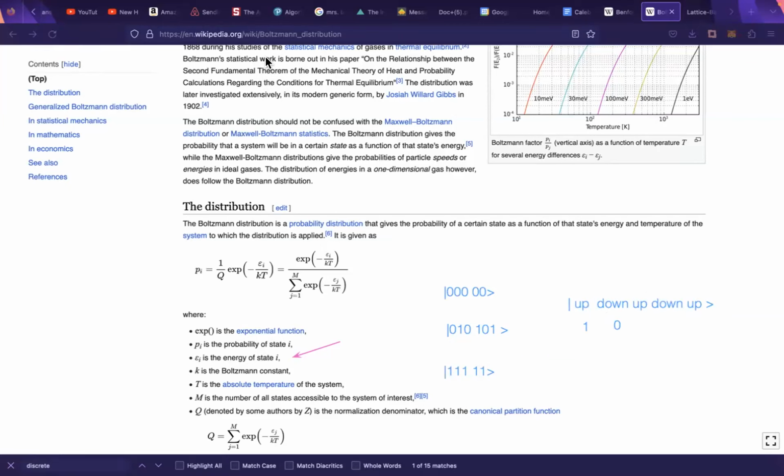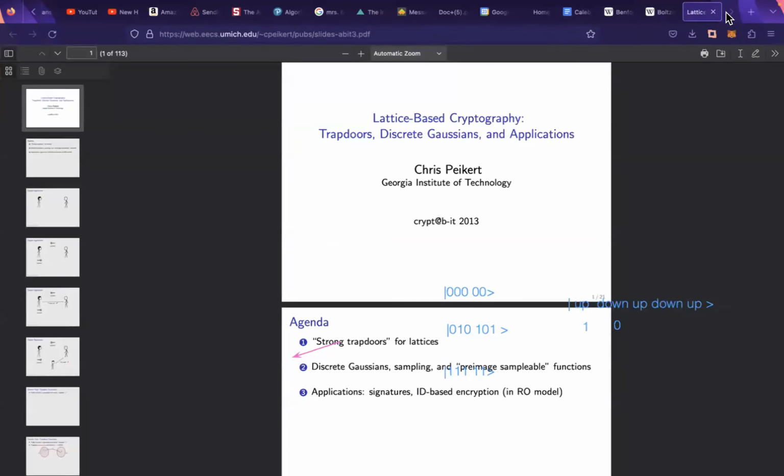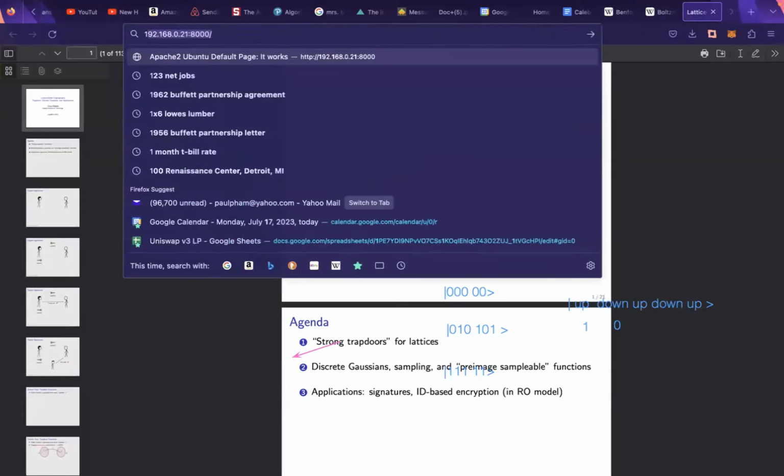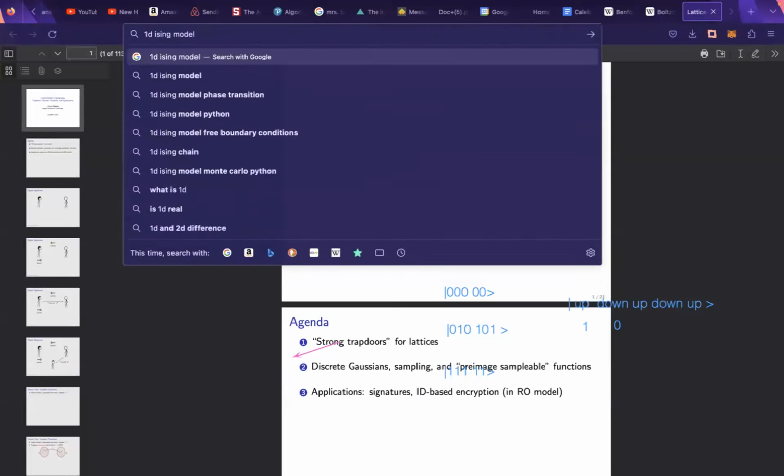I'm not a physicist, so I forgot whether it's lower if two electrons next to each other are both spin down or spin up. I'm sure we could figure that out with ChatGPT as well. But the distribution would be the 1D Ising model.